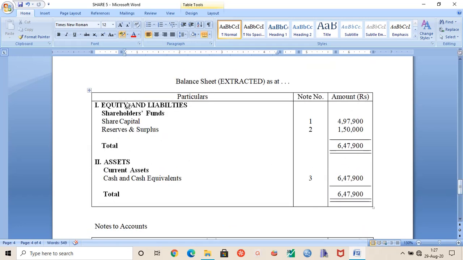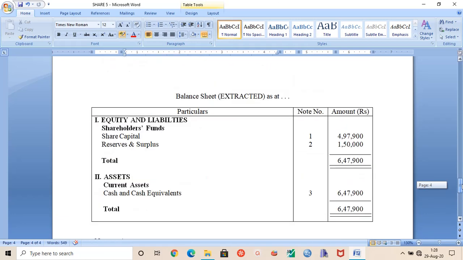This is your main head, equity and liabilities, assets, okay. These two are main heads, and shareholders funds, other current liabilities, fixed assets, current assets, they are actually your subheads, okay. So you have to prepare the balance sheet the following way. It's very simple.